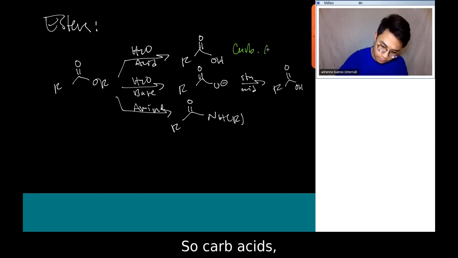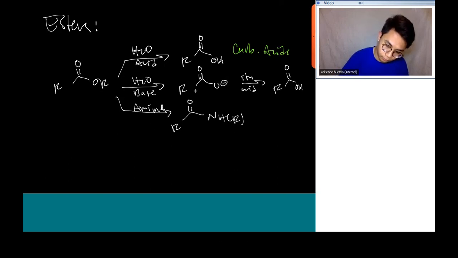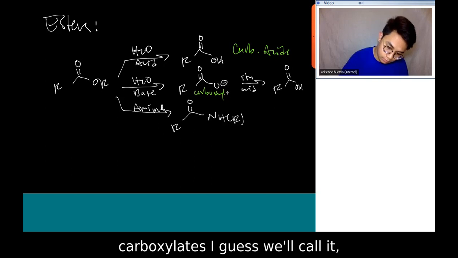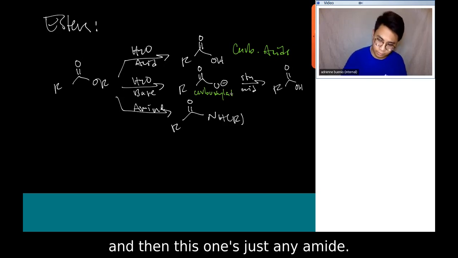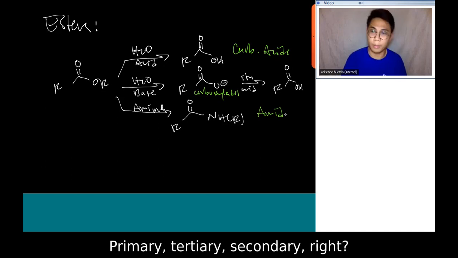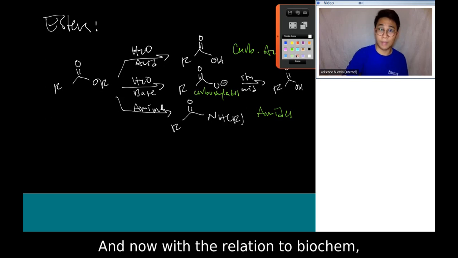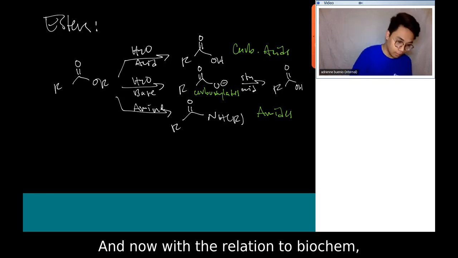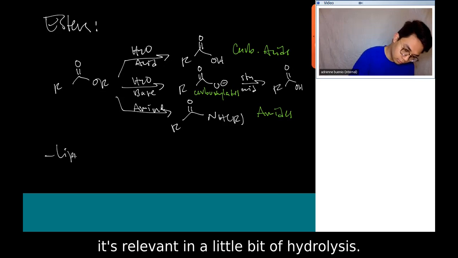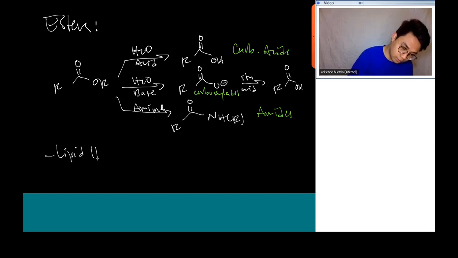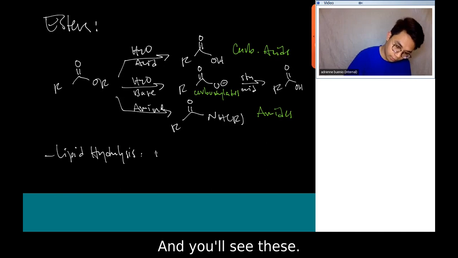So carboxylic acids, carboxylates, I guess we'll call it, and then this one's just any amides, primary, tertiary, secondary, right? And now with relation to biochem, it's relevant in lipid hydrolysis, and you'll see these.